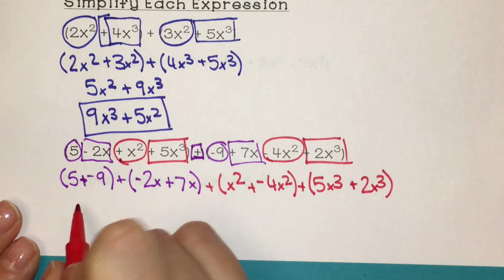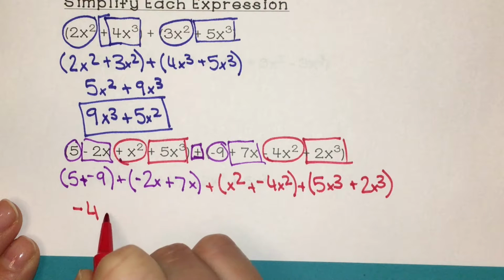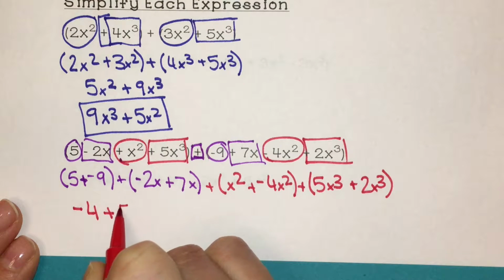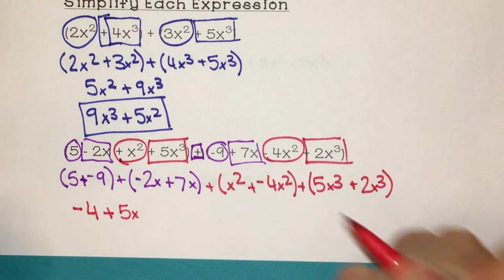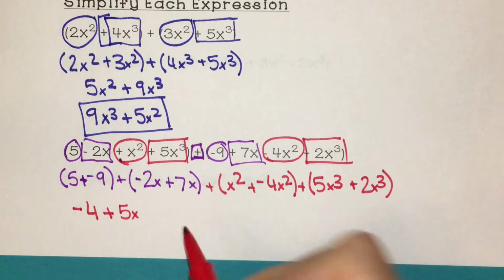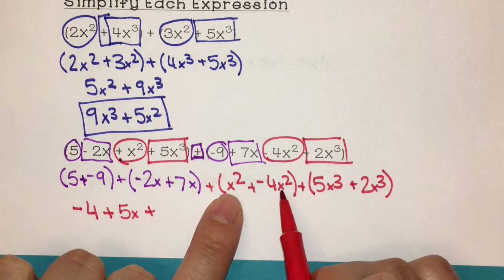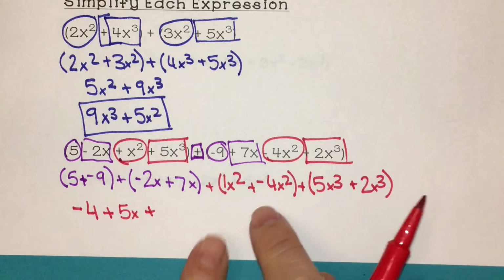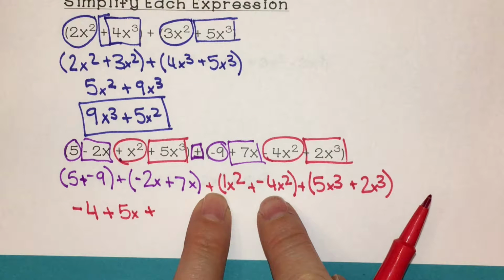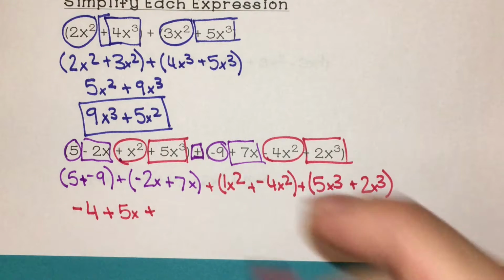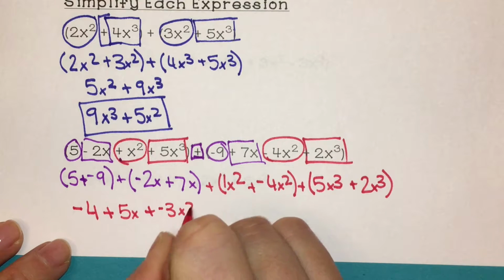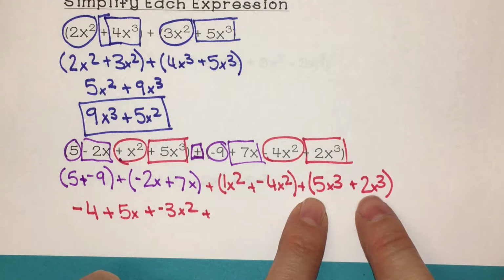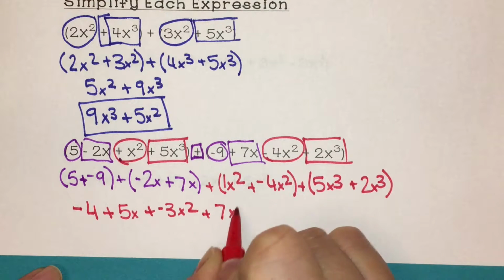So 5 plus negative 9 is negative 4. Plus negative 2x plus 7x is 5x, because negative 2 plus 7 is 5, and we're talking about x's. Plus, now we have our x squared. Remember, if you have just x squared, there's actually 1x squared there. So 1 plus negative 4 is negative 3, so we have negative 3x squared. Plus x cubed, we have 5 plus 2 gives us 7x cubed.